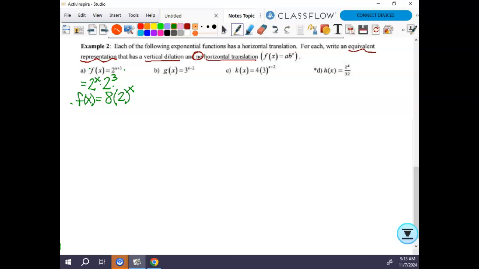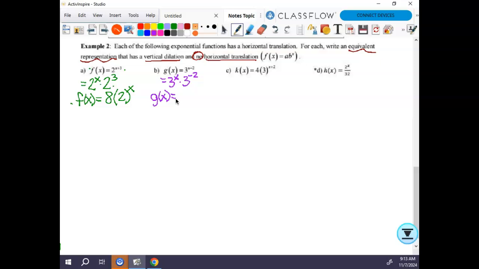Okay. So then we have g of x. So this will become 3 to the x times 3 to the negative 2 power. So that means g of x equals, well, what is 3 to the negative 2 power? 1/9, okay?